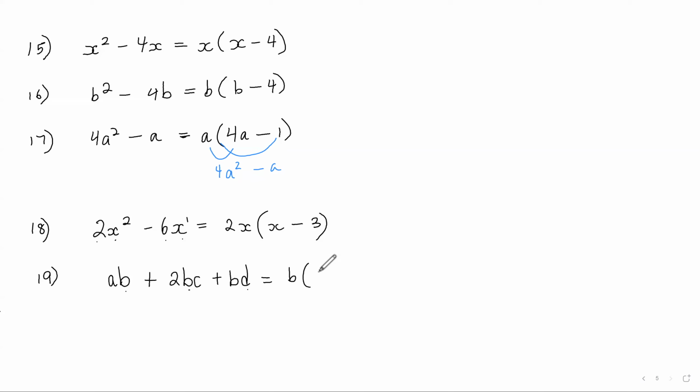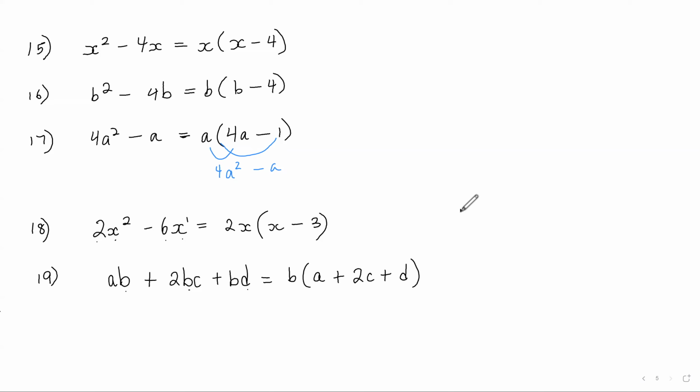B into AB is A, because B times A is AB. B into 2BC is 2C, because B times 2C is 2BC. And B into BD is just D, because B times D is BD.